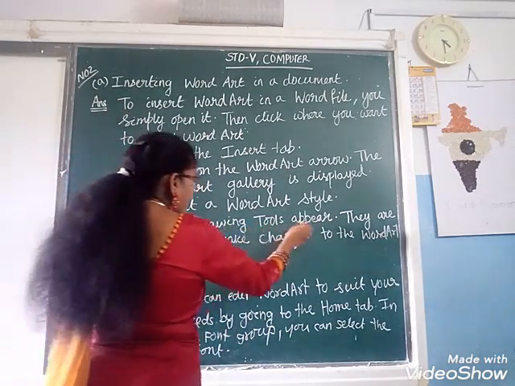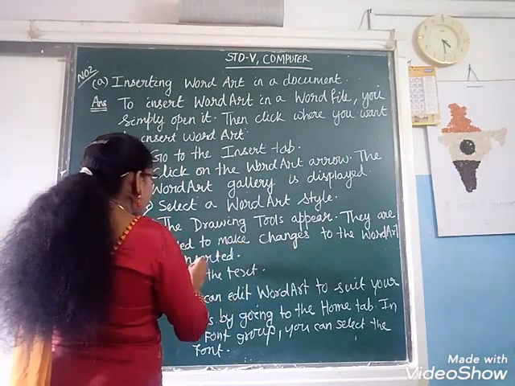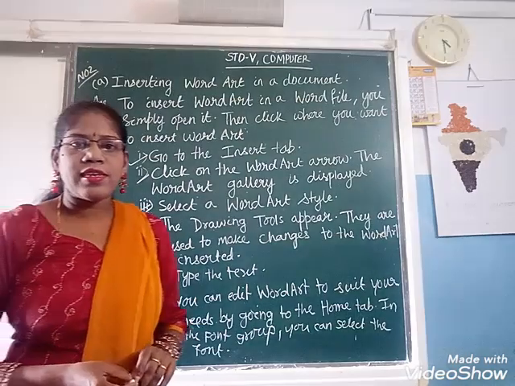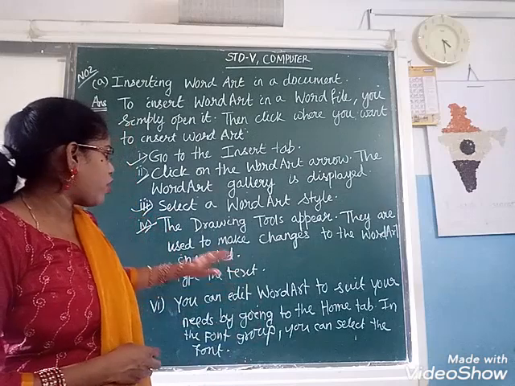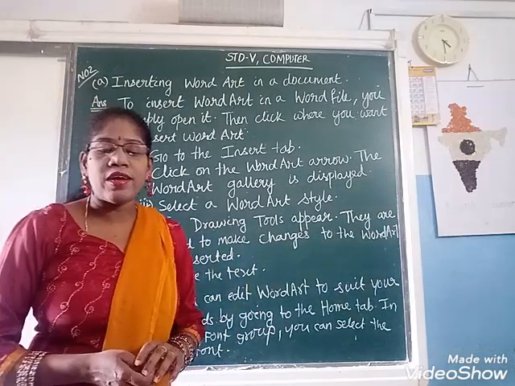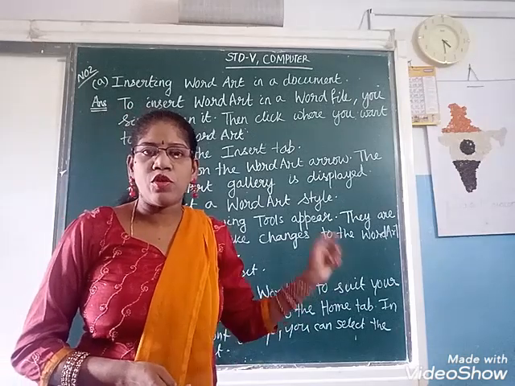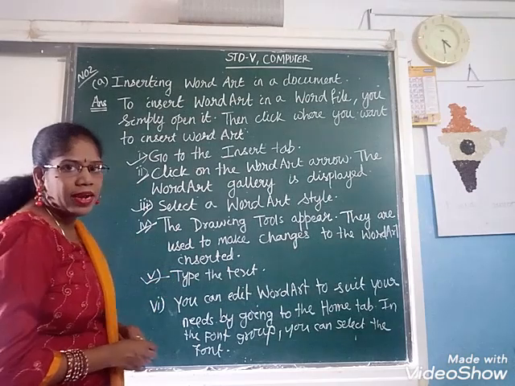The drawing tools appear. They are used to make changes to the word art inserted. Once you have selected the style, the drawing tools will display there. If you want to change the style of word art, you can make changes from the drawing tools. Then after that, type the text.